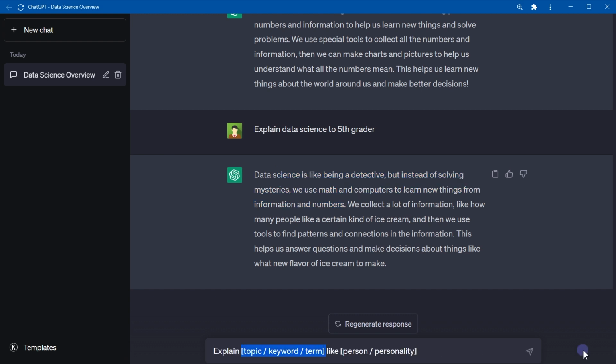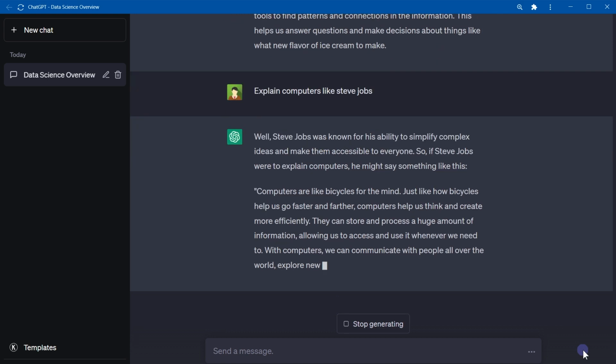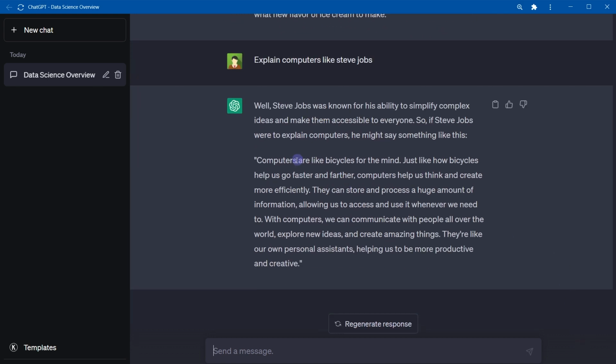Then you can say something like explain topic like a person, some specific person or personality, like explain computers like Steve Jobs. See, computers are like bicycles for the mind, just like how bicycles help us go faster and farther.